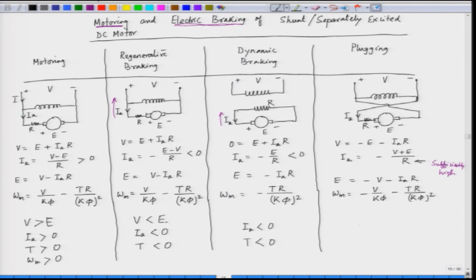In this case the current has to be negative; the current flows in the opposite direction. The applied voltage is being held by the back EMF, current is flowing in the opposite direction, current is negative, and the torque is also negative. So, these are the conditions for plugging.